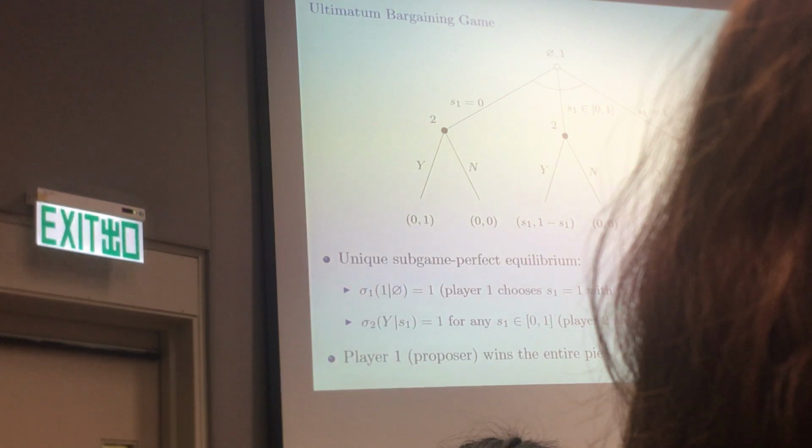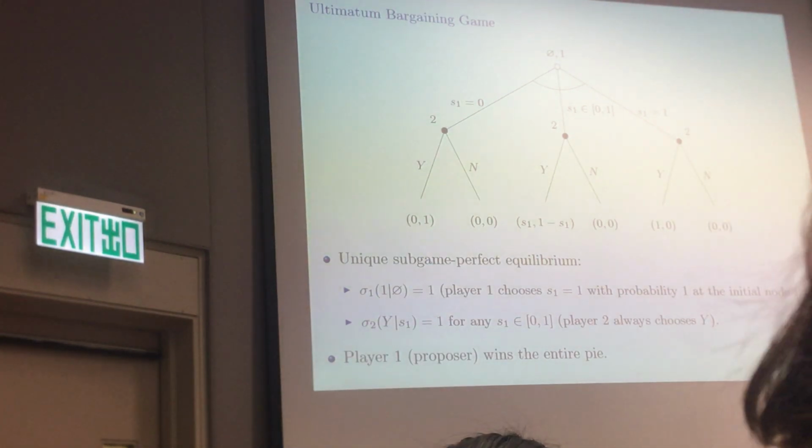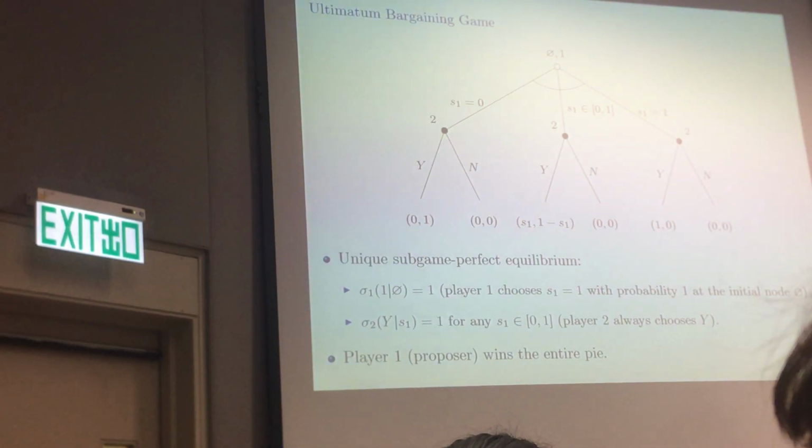We already argued that this game has a unique subgame perfect equilibrium such that player 1 chooses S1 equal to 1 and player 2 chooses yes for any possible offer of player 1.